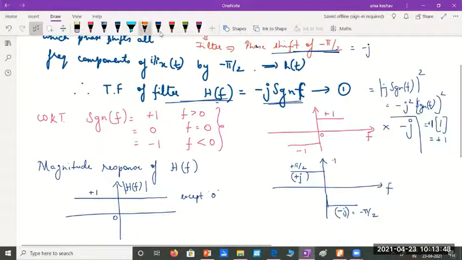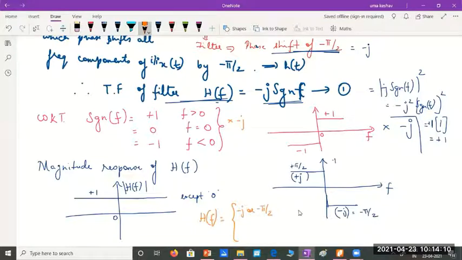Let me write the definition for h of f. H of f is defined by a function whose value, so you have to just take the signum function and multiply it with -j. So what will happen? Its value will be -j or -π/2 for frequencies greater than 0, this first value. Since signum function was +1 here, when I multiply that with -j, I'll get -π/2 as the phase change for all frequencies greater than 0.